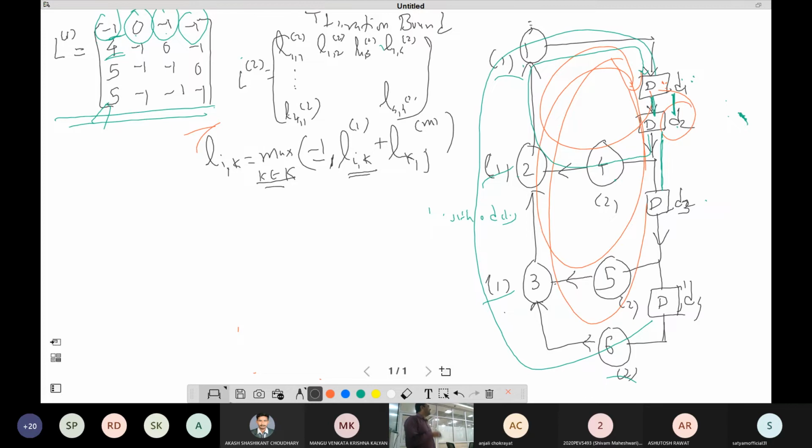to find out Lij, then I need to go from Di to Dj with M minus 1 delay element. So that means now I need to travel from Di to Dj for L2, 1 delay element. When I talk about L3, then 2 delay elements. L4, 3 delay elements.